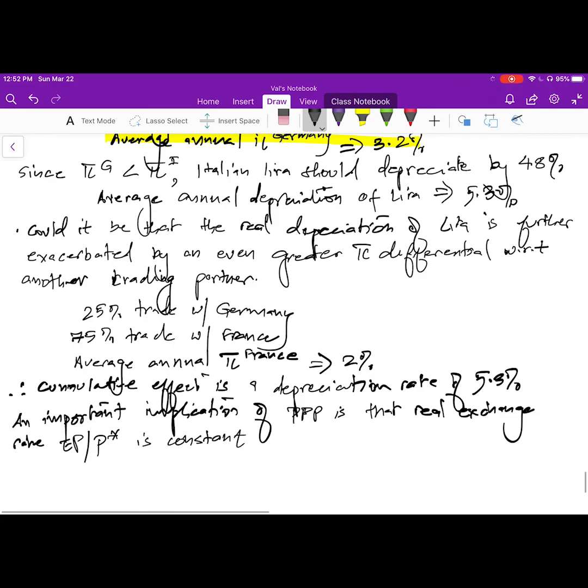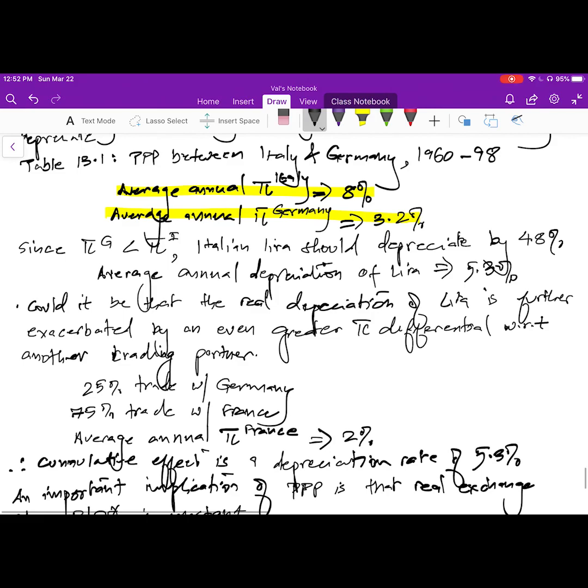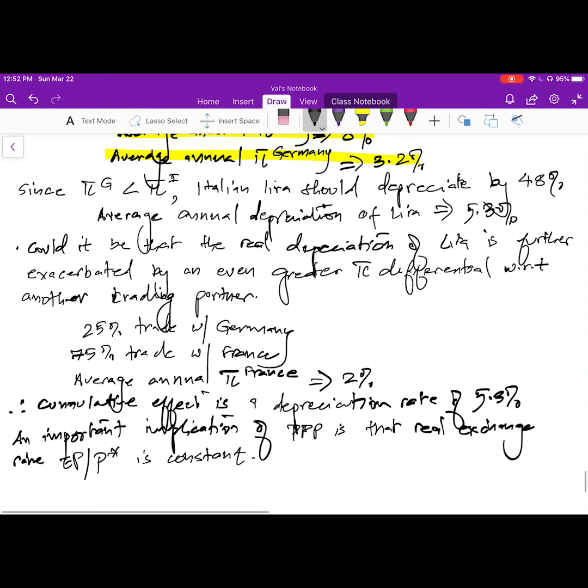Why is it constant? Because the example showed that any changes to the exchange rate can be explained away by the differences in price levels, as we saw in the example with Germany, France, and Italy, where both France and Germany had significantly lower inflation rates compared to Italy. And as a result, the Italian currency had to depreciate, in this case, by 5.3%.